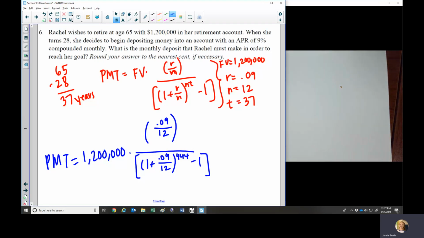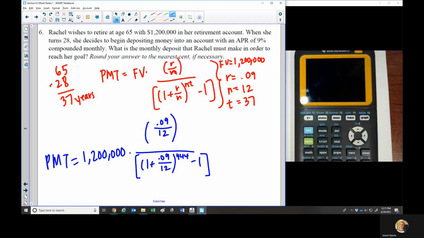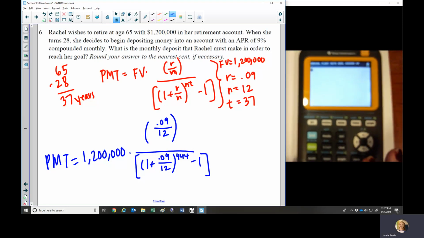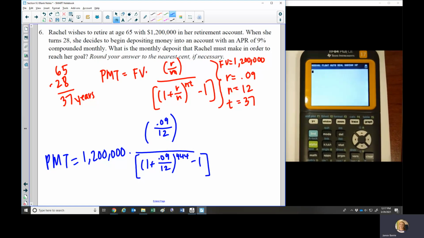All right, let's plug this in. I'll plug it in on the graphing calculator this time, so you can have an example of each. All right, so we have 1,200,000 times. Now we're not doing the fancy fraction button, so we got to put the top and the bottom in parentheses.